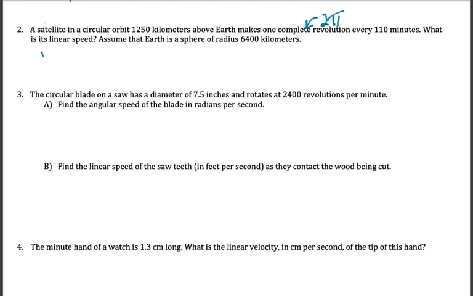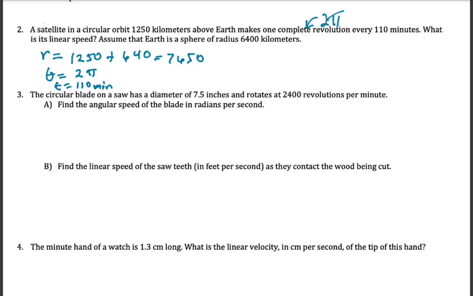If you think about your radius from the center of the Earth, you go out 1,250 plus 6,400. That's the radius from the center of the Earth for the satellite. Adding those together, I get 7,650. Theta, because I go in a full circle, would be 2 pi. And our time, they told me, was 110 minutes.